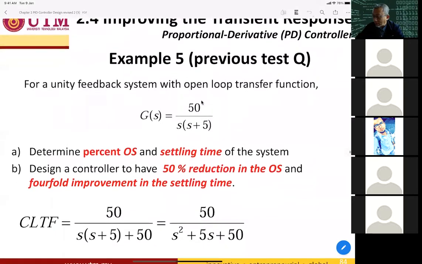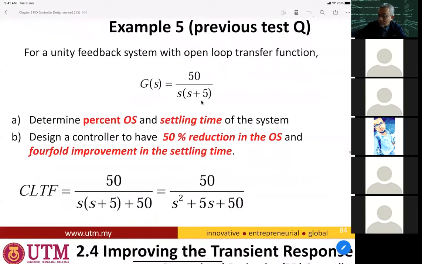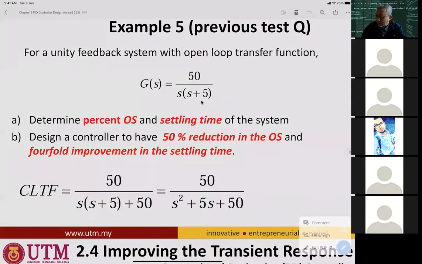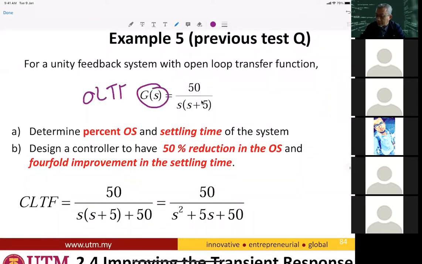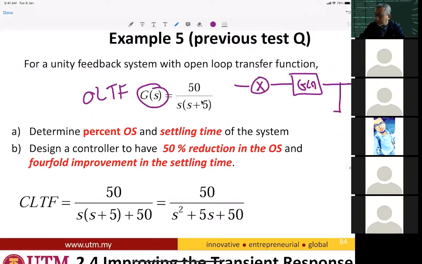In example 5, you are given an open loop transfer function, which is here. As usual, it is in the feedback control system, where you have R, C. So this is a negative feedback.